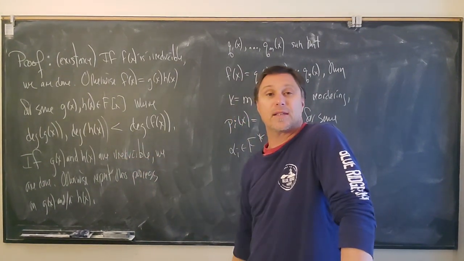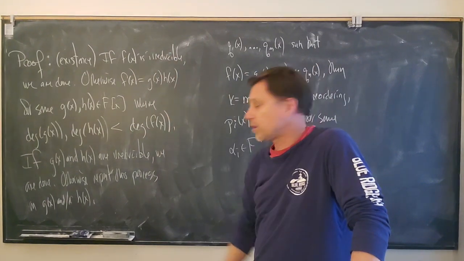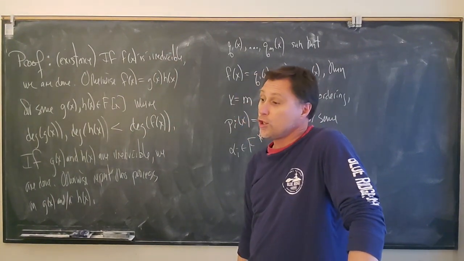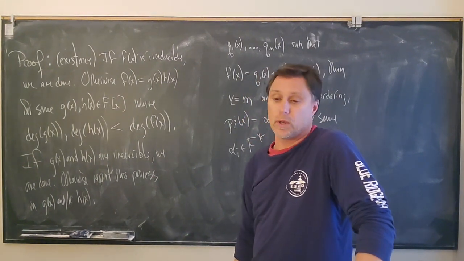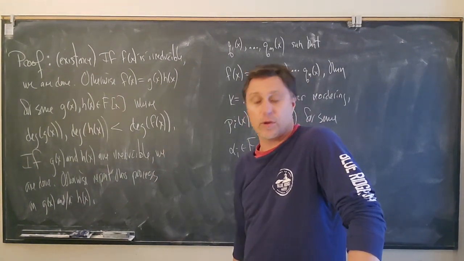Eventually, this process has to stop, right? Because you can't go below 0. So at some point, you're going to get to degree 1 polynomials, and then you can't split them down any further.